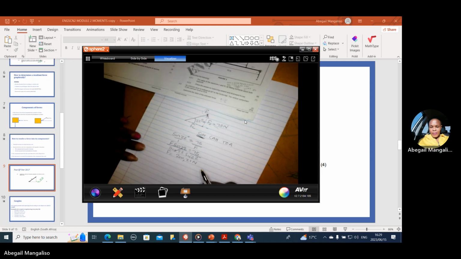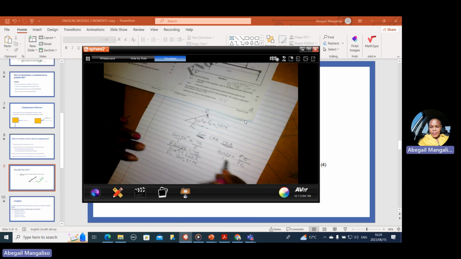In some questions, a question can say use tan theta. Let's say you want to calculate the Fc, and the question says use tan theta. This will be opposite over adjacent, that will be tan theta. So tan of 22 equals the opposite side, Fs, which is 75, divided by Fc.